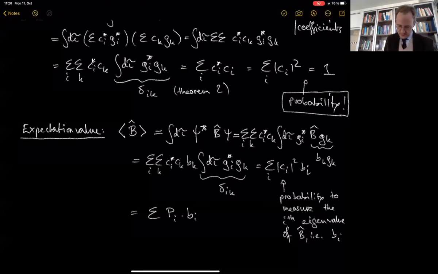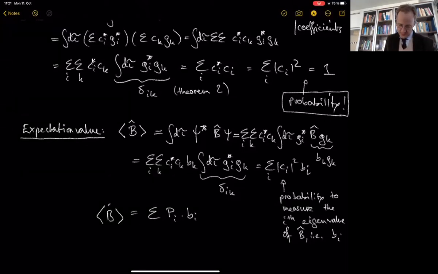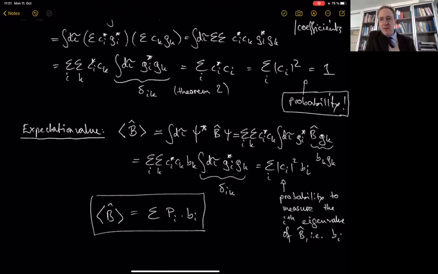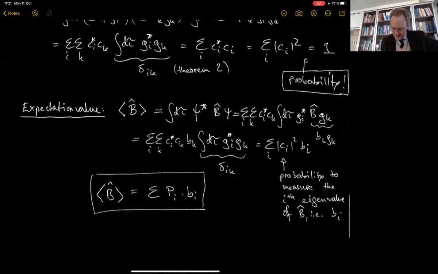Now, this is for any operator, right? For every measurement, any measurement, you can express it like this, right? So it's very general.